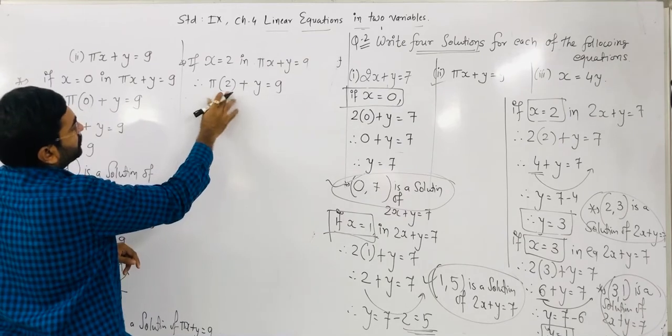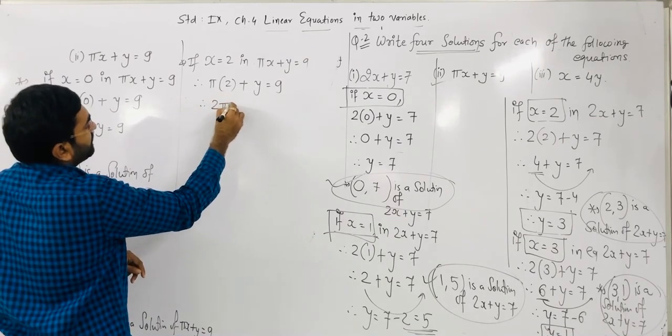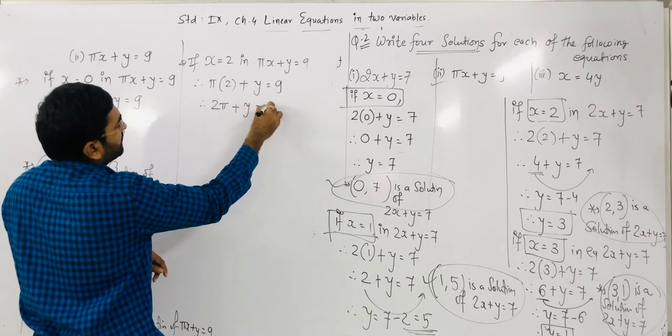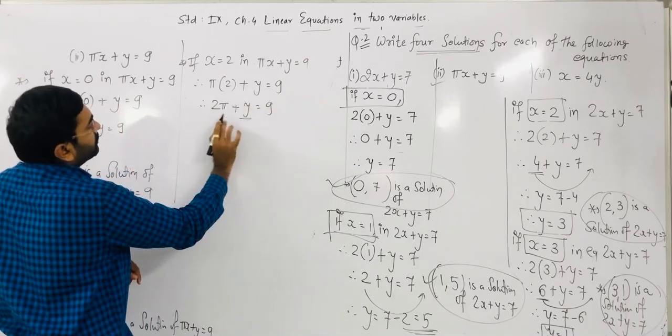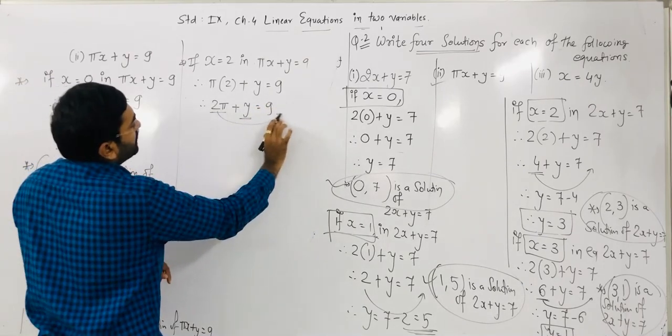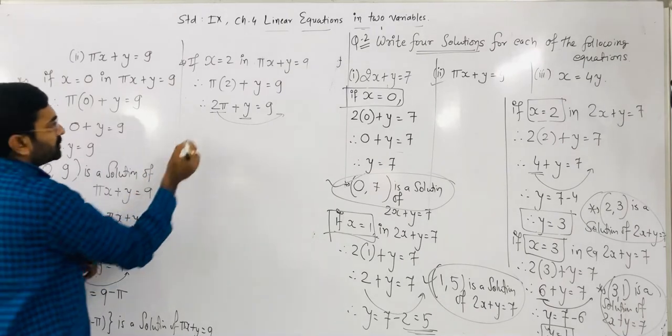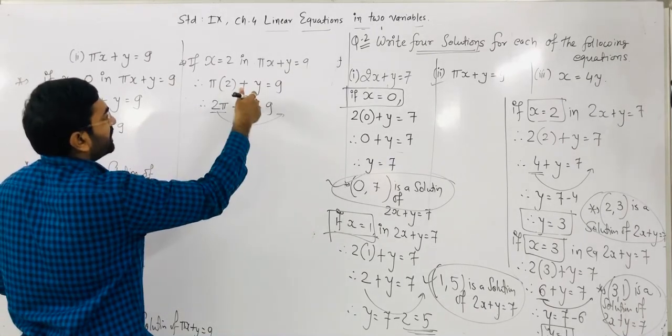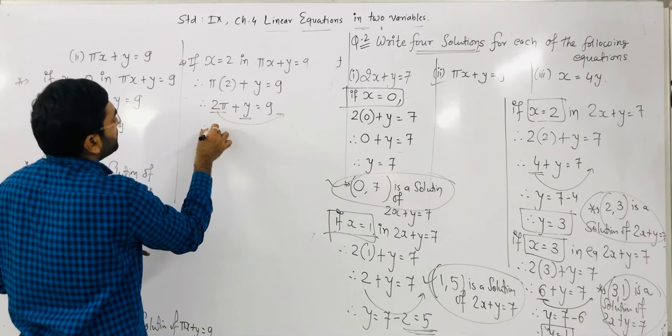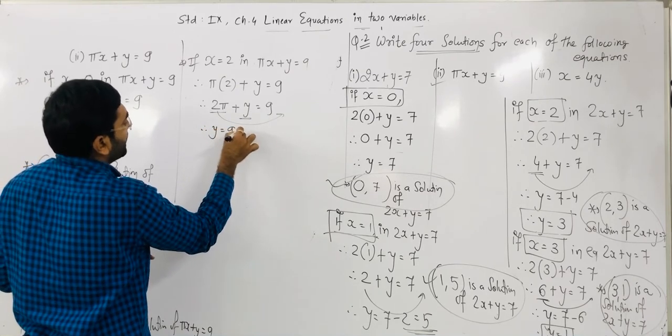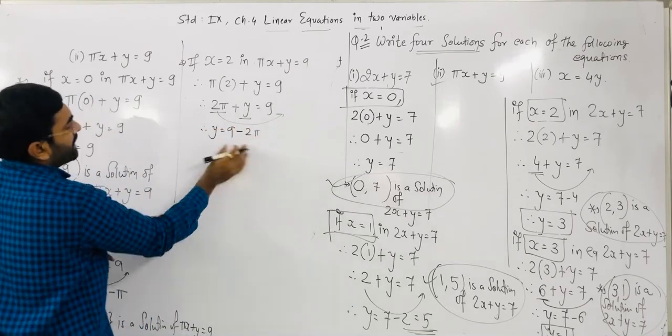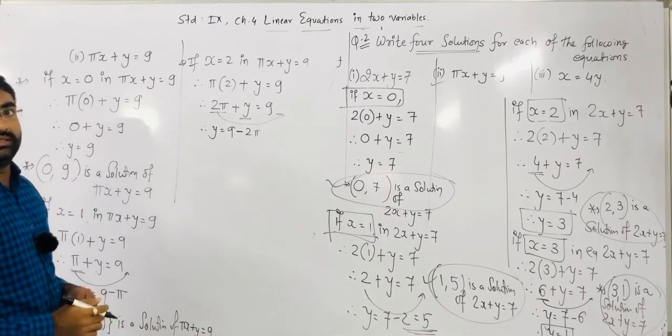So here pi into 2 means what? This is 2 pi plus y is equal to 9. y value we have to find out. So the 2 pi term goes to the right hand side of the equal to. So plus 2 pi is here. If it goes to the right hand side, then it becomes a minus 2 pi. So 9 minus 2 pi. So the y value we get is 9 minus 2 pi.